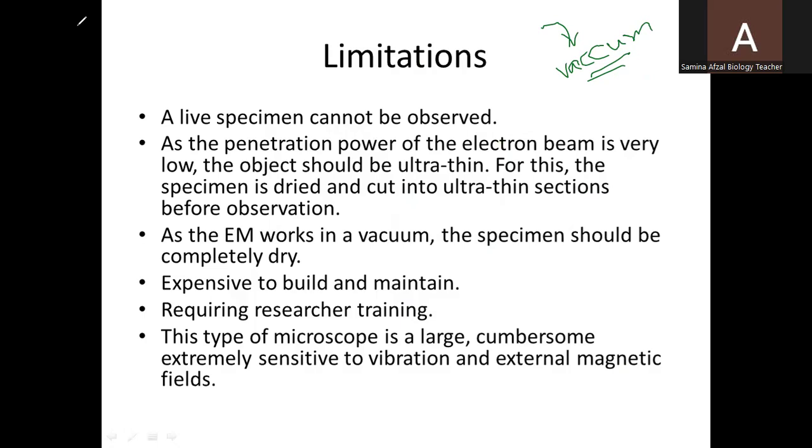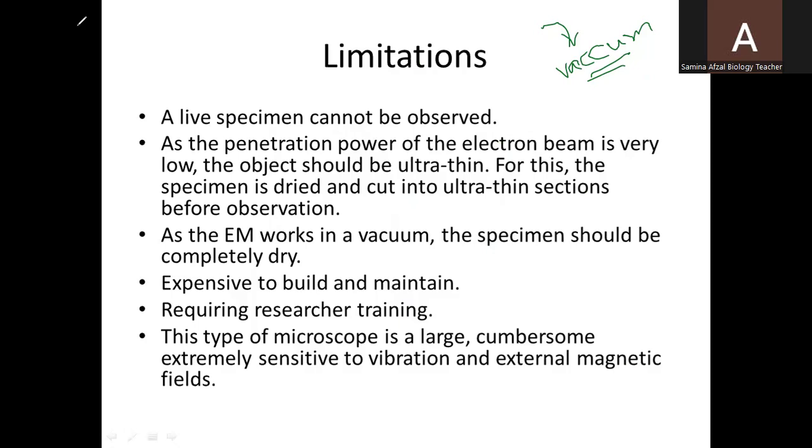If there is humidity, it will not work properly. It cannot be operated. So a vacuum should be there when we are going to produce an image by the electron micrograph. Another thing: live specimens cannot be observed. Only dead specimens can be observed under that microscope.